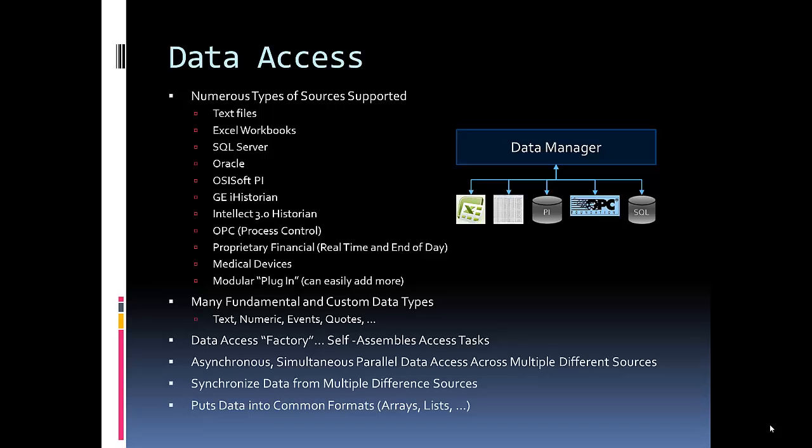And we can go get that data asynchronously and simultaneously in parallel across multiple different kinds of data sources all at the same time. So if there's a data request and that data happens to be residing in an Excel workbook, and some of it resides in OSI Soft Pi, and some of it is in an Oracle database someplace, no problem. We can go and access those different data sources simultaneously in parallel and asynchronously.